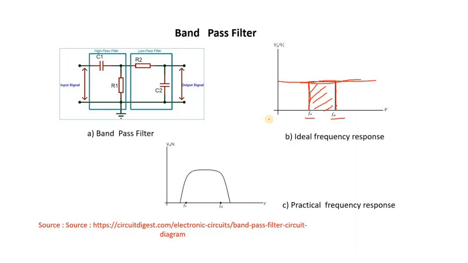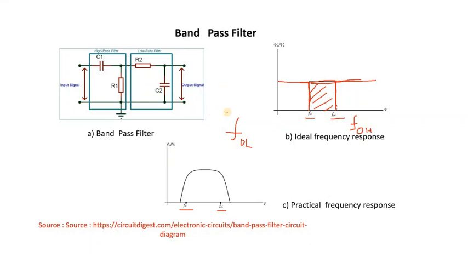So this is the practical response. This is your lower cutoff frequency. This is your higher cutoff frequency. The lower cutoff frequency is denoted by F, O, L and the higher cutoff frequency is denoted by F, O, H. So this is the intersection of these two, lower cutoff frequency and higher cutoff frequency.